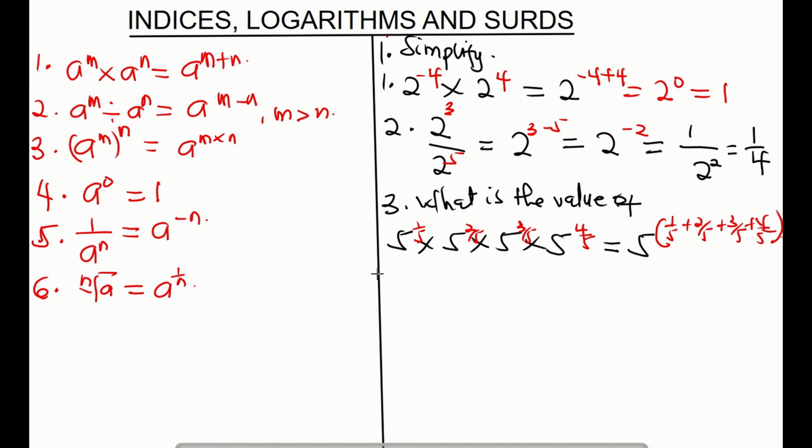This is going to be equal to 5 to the power, and because the denominators are the same, we only add the numerators. 1 plus 2 is 3, 3 plus 3 is 6, plus 4 is 10. So here we have 10 over 5. When we simplify this further, we get 5 to the power 2, which is the same as 25.